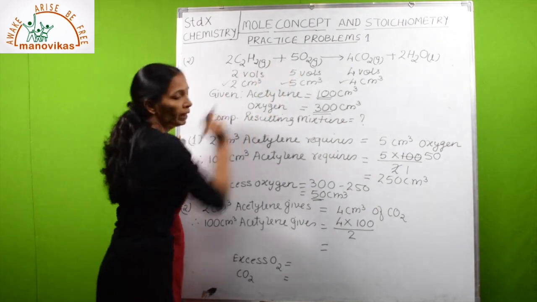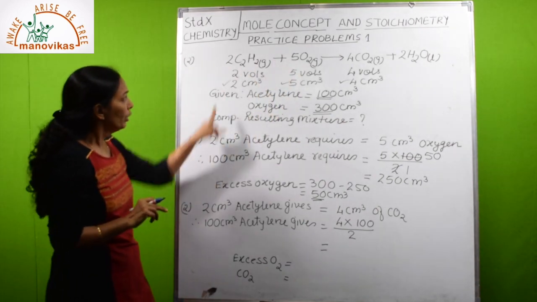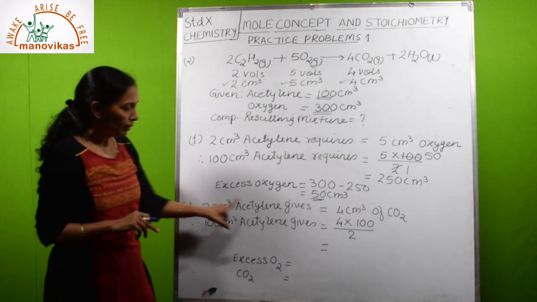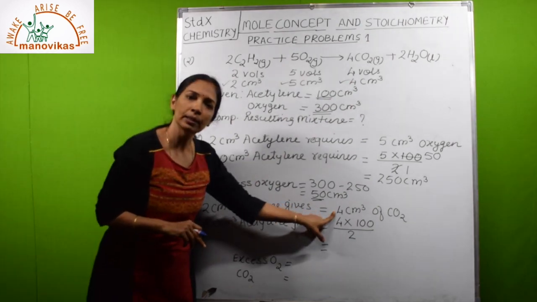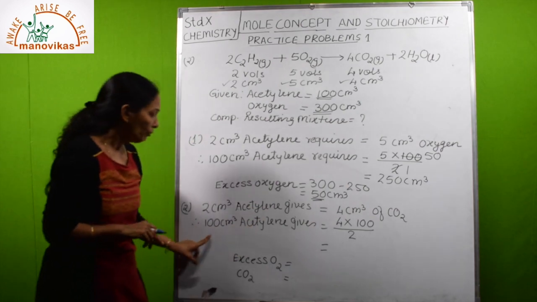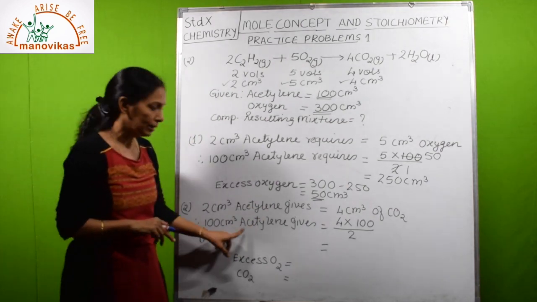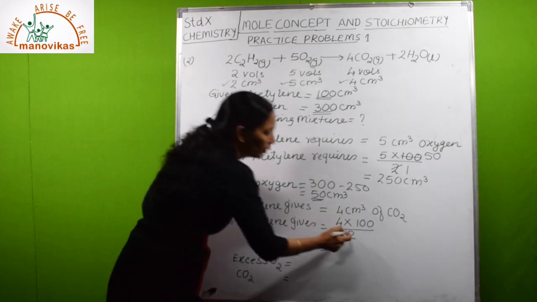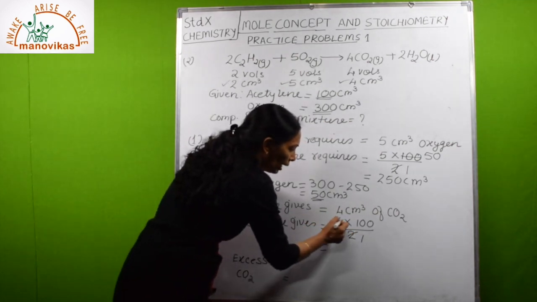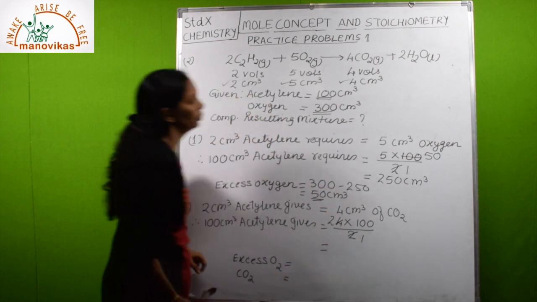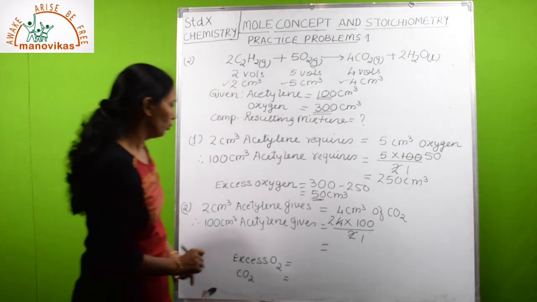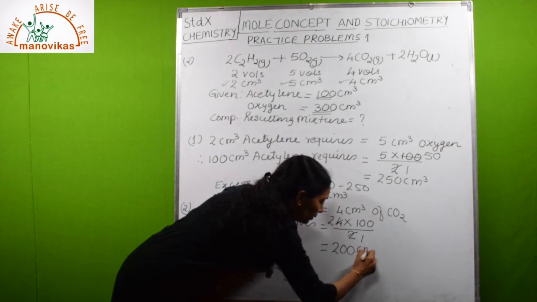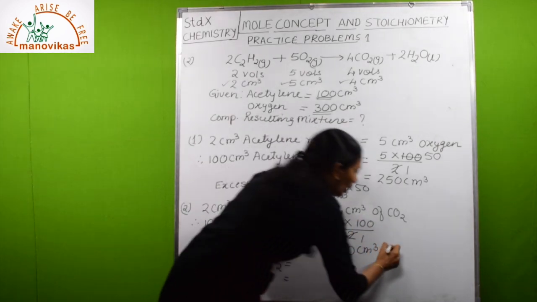Now how much carbon dioxide is produced? Let us see. 2 cubic centimeter of acetylene gives 4 cubic centimeter of carbon dioxide. Therefore 100 cubic centimeter of acetylene will give how much carbon dioxide? So 4 into 100 by 2, which gives 200 cubic centimeter of carbon dioxide.